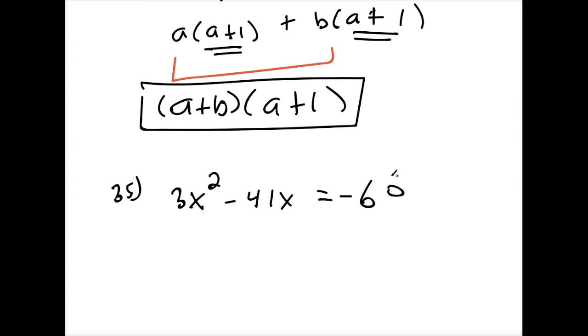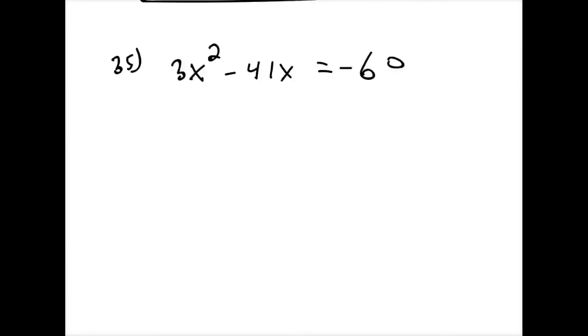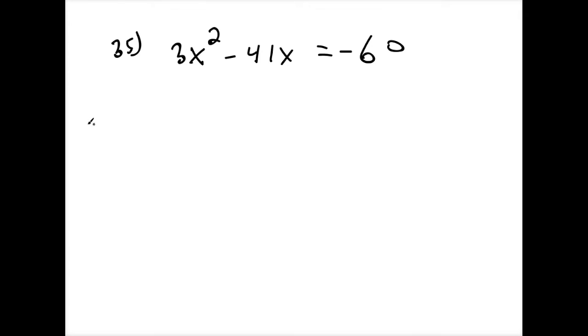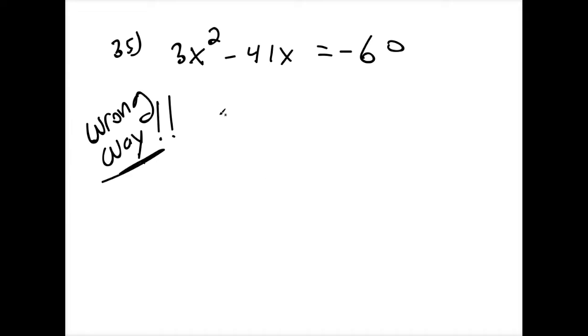All right, so in order to solve these problems, I'm going to show you a really, really bad way of solving this. I got to make a point of it because it's just wrong. So here's the wrong way. I've done this before. It's blown up in my face. The wrong way of solving this is doing this. So you pull out an x, and you say, all right, I got a 3 and an x, and then minus 41 equals 60.